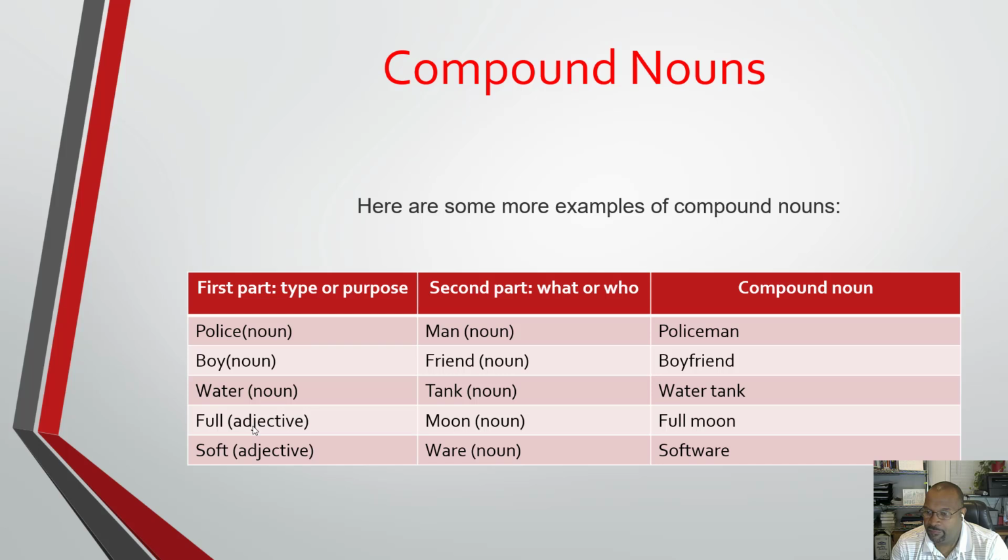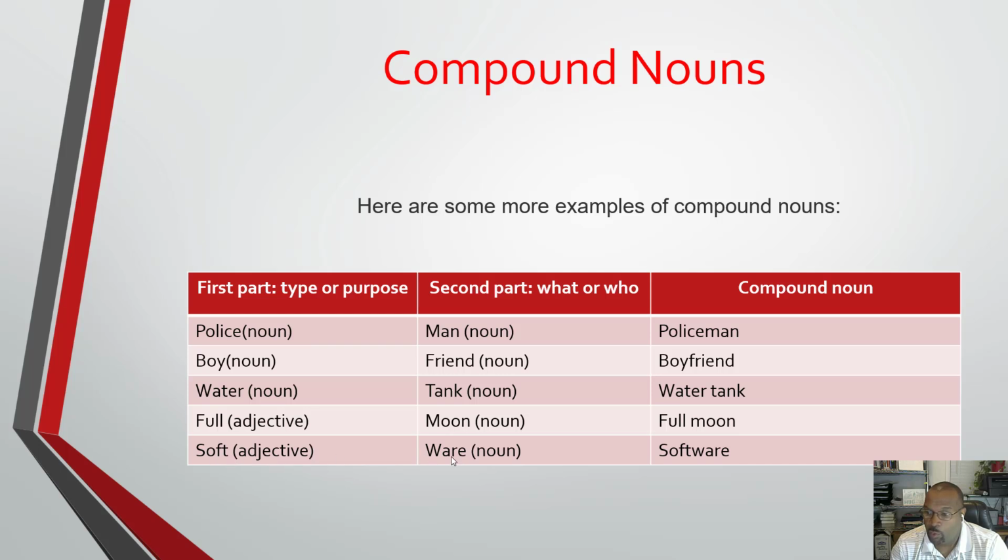Let's look at something different. Full, which is an adjective. Description, right? Full. Plus moon, which is a noun. The compound noun, the new word, is full moon. Soft, adjective. Soft describes the noun, right?